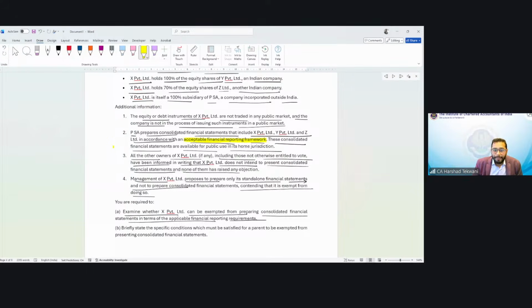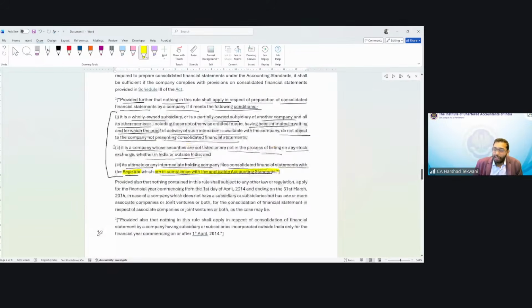Then they are available for public use in the home jurisdiction over there. They are not being filed with the registrar. So these conditions are not satisfied, specifically this one. This condition is not getting satisfied. So this exemption under Rule 6 is not available.